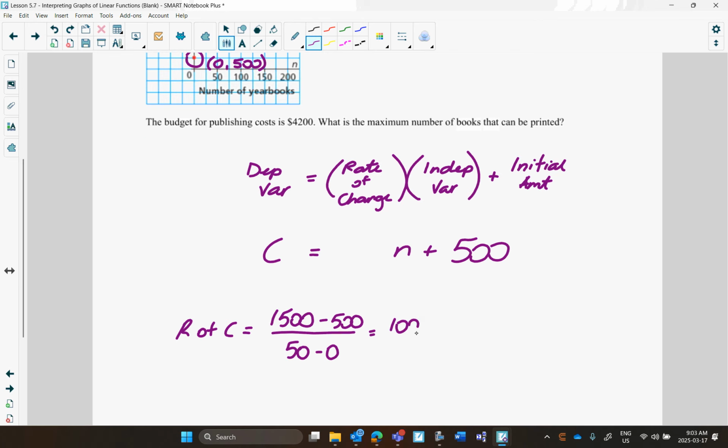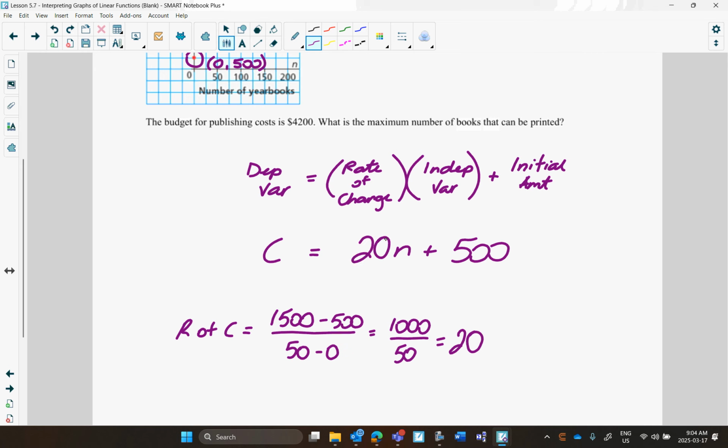So that gives us 1,000 divided by 50. And we don't need the units for this one because we're just putting it into the equation. So that's going to give us 20. I mean, the units would be $20 per one yearbook.